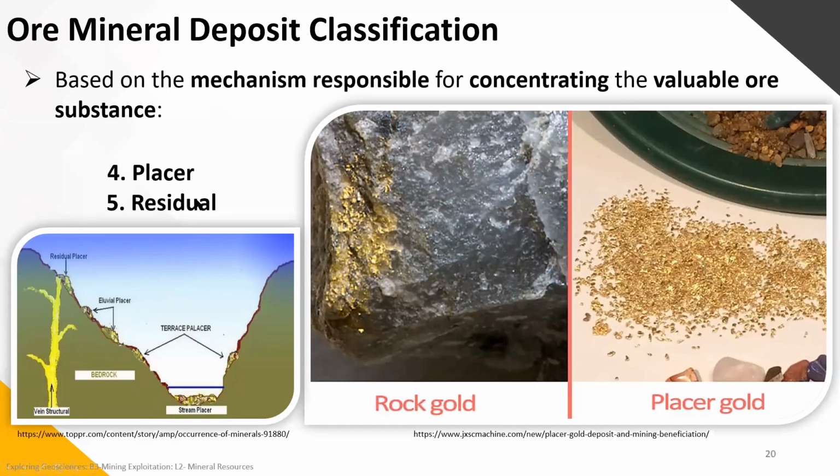The placers are the ones that were responsible for the well-known Klondike era of gold search. Here is a picture so that you understand the difference between gold contained within a rock, and the placer gold, which is the nuggety style of gold that is panned within a stream or a river.